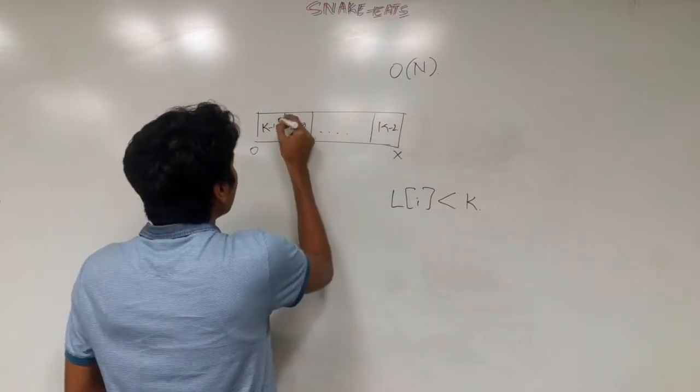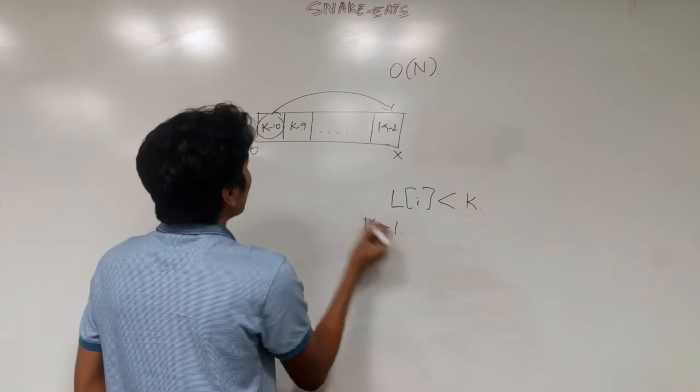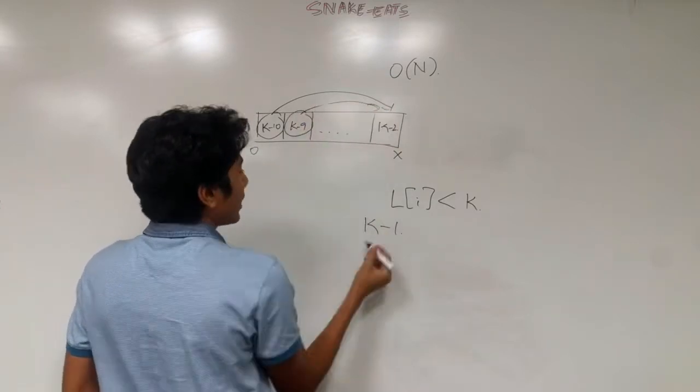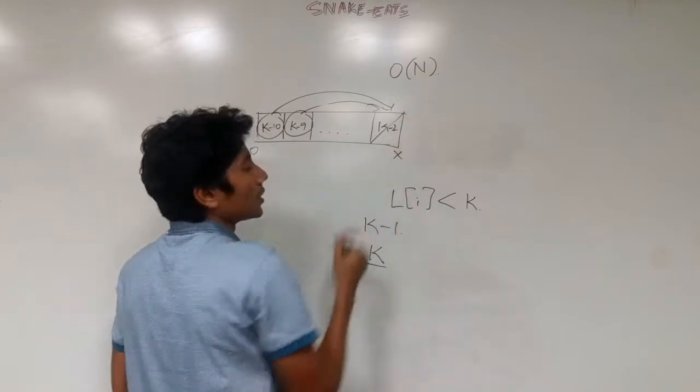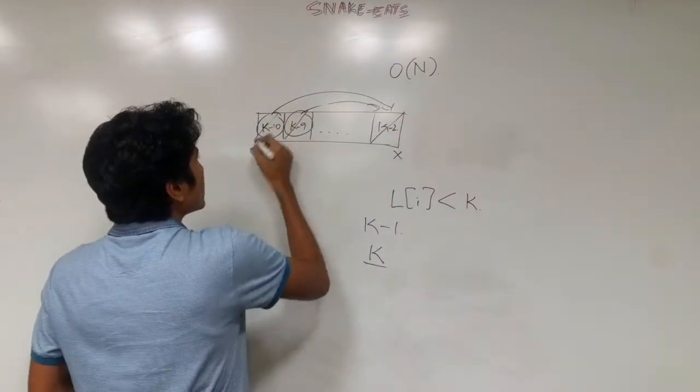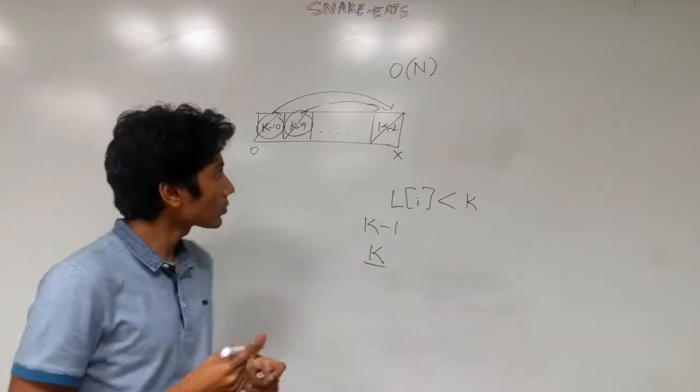And you feed this snake to this one. So this becomes of length k minus 1, then you feed the next snake to this one, and then it reaches k, the largest snake. And now you can remove it from your list. So what you're doing is removing snakes from your list based on a strategy. And this is correct also.